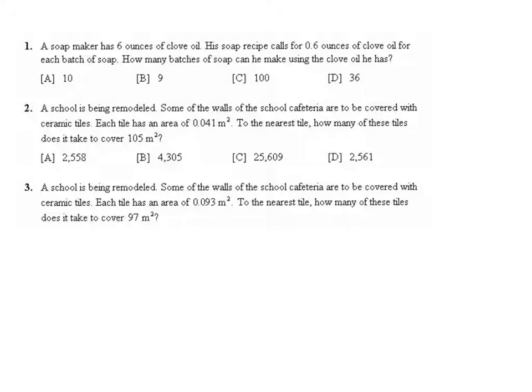So what we're trying to do is take our total value, 6 ounces, and split it into groups of 6/10. So our problem is 6 divided by 6/10. Anytime you're dividing by decimals, you need to multiply by a power of 10 in order to shift the digits, so you no longer have a decimal divisor, but you have a whole number divisor.